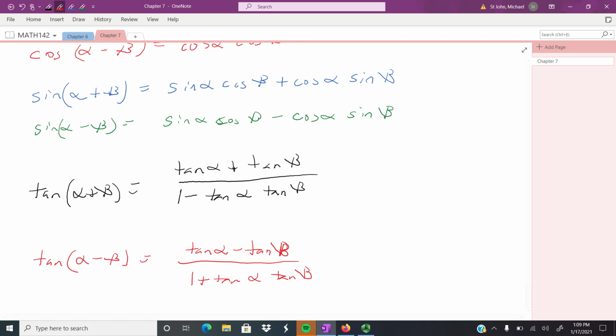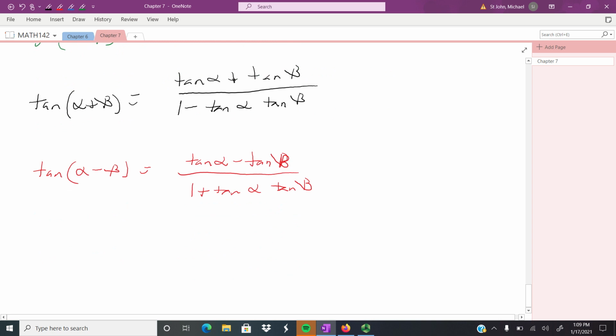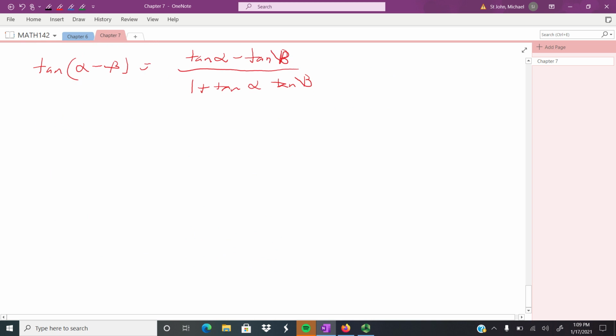All right. So let's look at an example of a problem dealing with this. We want to evaluate the sine of alpha plus beta. Here they give you a couple of circles.